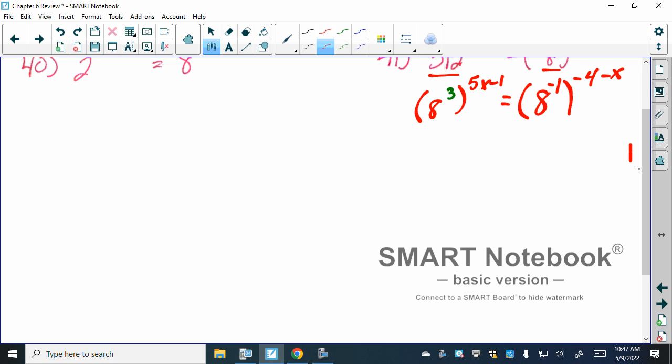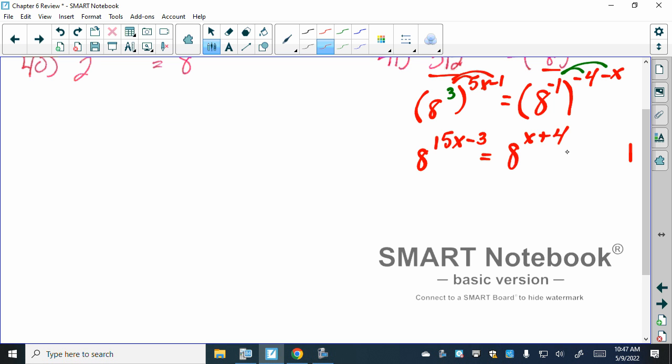At this point, we can multiply our exponents, so we can distribute the 3. 3 times 5x is going to be 15x. 3 times -1 is -3. Here we can distribute the -1. -1 times -4 is going to be plus 4, and -1 times -x is going to give us positive x. So we're going to get x plus 4.